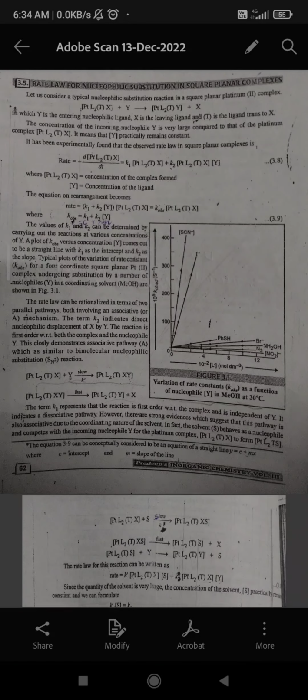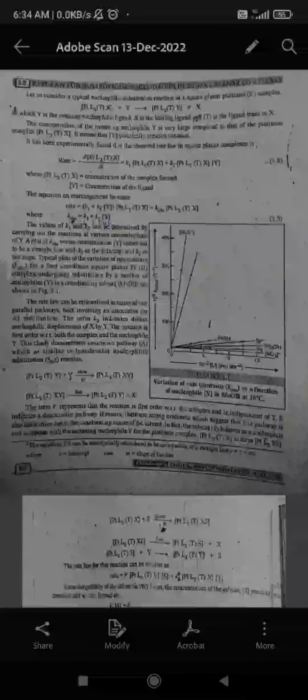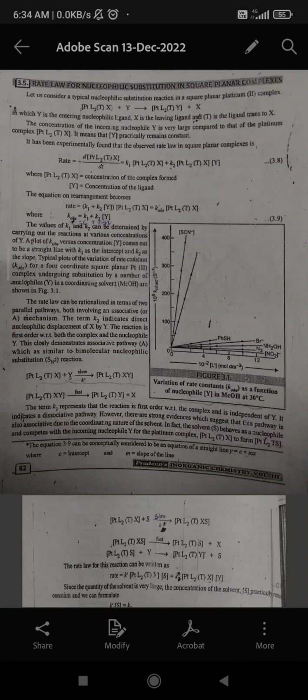The rate can be rationalized in terms of two parallel paths, both involving an associative mechanism. The k2 term indicates direct nucleophilic displacement of X by Y. The reaction is first order with respect to both the complex and the nucleophile Y. This closely demonstrates the associative pathway, which is similar to a bimolecular nucleophilic substitution reaction.